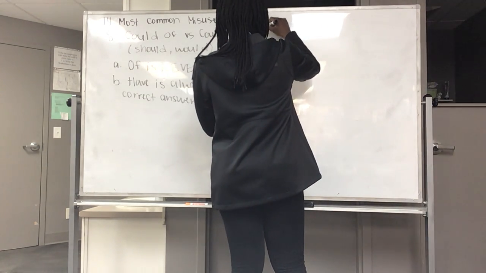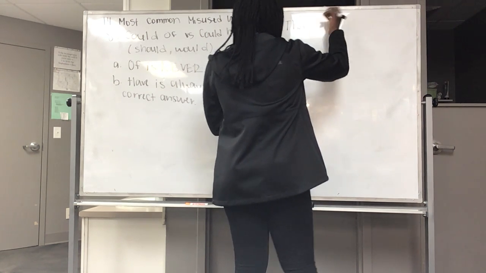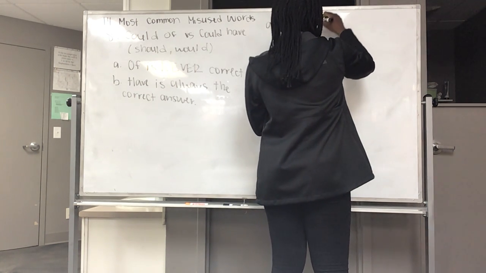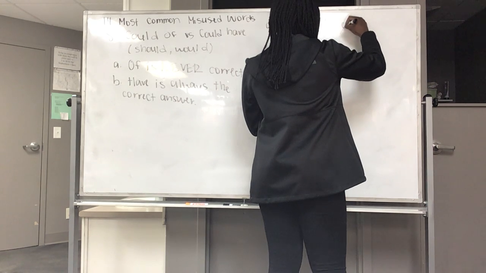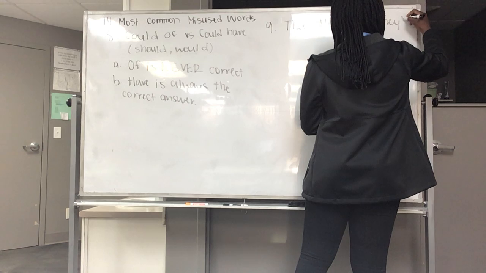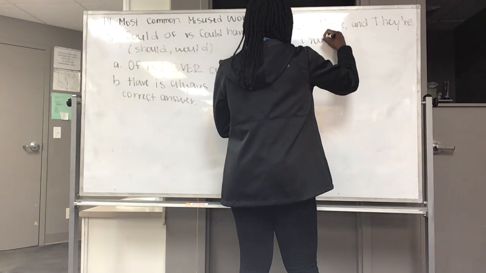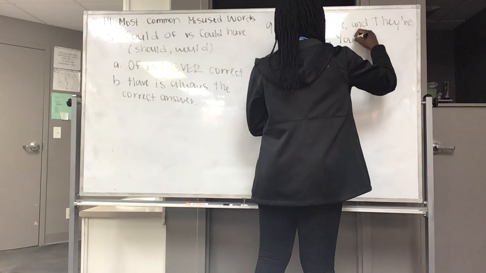Okay, alright, number 9 over here. We're going to be talking about the 3 types of there. And along with that, we're also going to be talking about the 2 types of your.